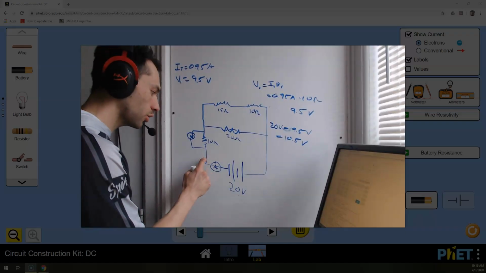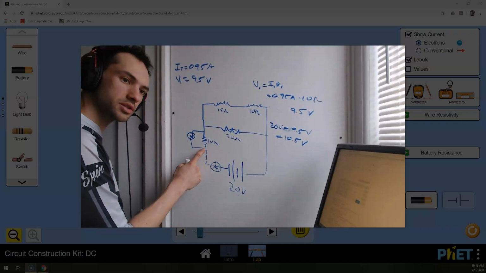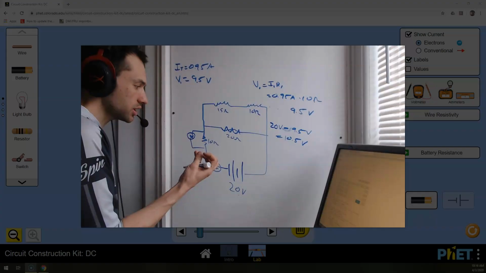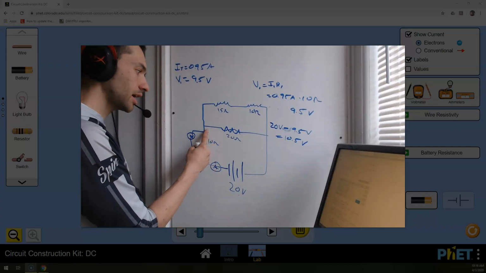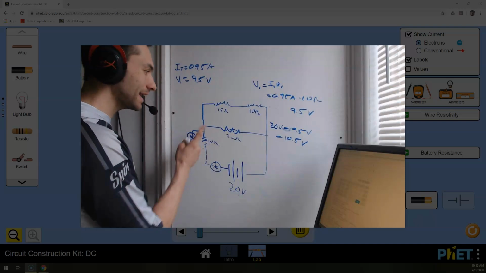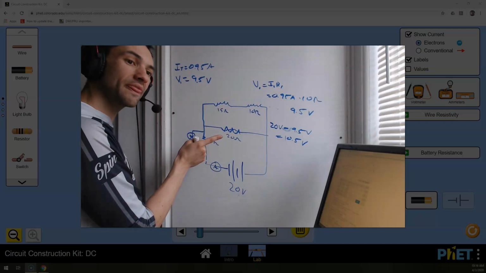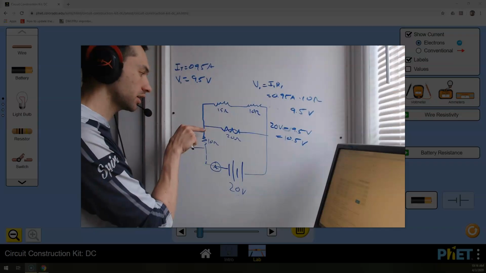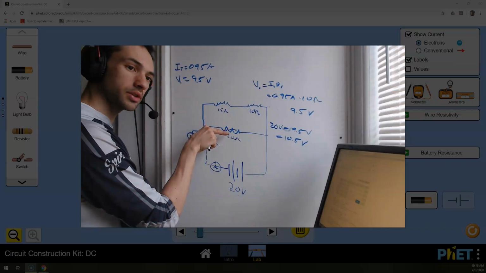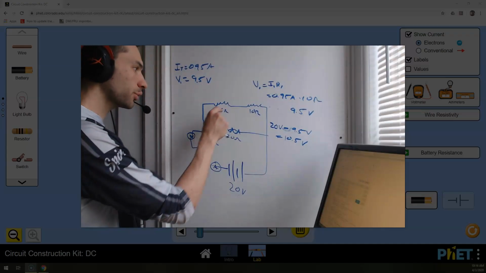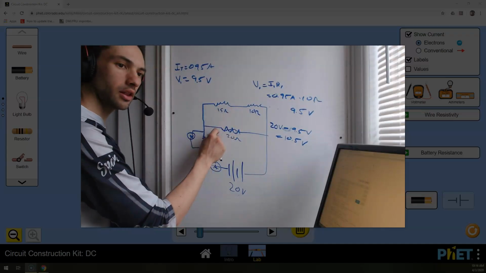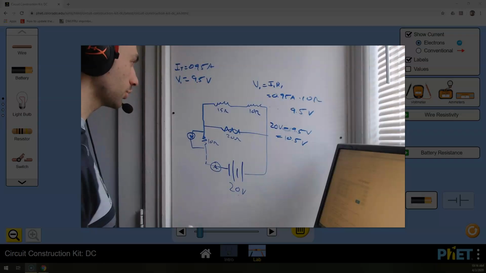So a coulomb of charge hits this resistor. It had 20 joules of energy. It gave up 9.5 joules of energy to get through this resistor. And now it has 10.5 joules of energy. And it gets to choose which way it wants to go with that energy. So if it chooses to go this way, or if it chooses to go this way, either way, both of these parallel branches get all 10.5 joules.